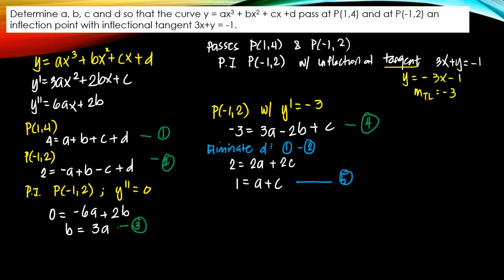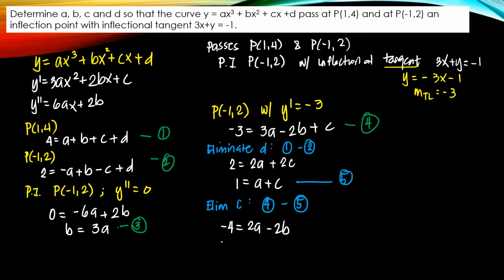So maybe in here, this one, it's only a, b, and c. So maybe we can cancel out c. We can say, equation number 4, eliminate c. Equation number 4 minus equation 5. Negative 3 minus 1 is negative 4. 3a minus a is 2a. Negative 2b. c minus c cancels out.